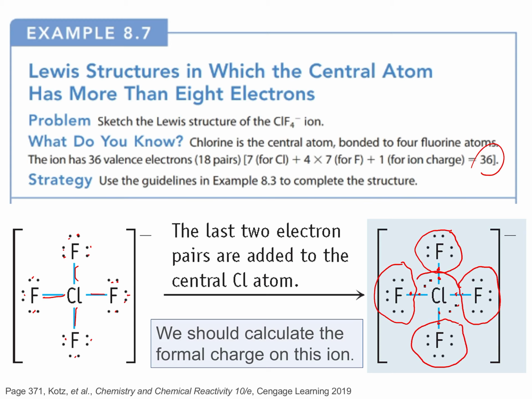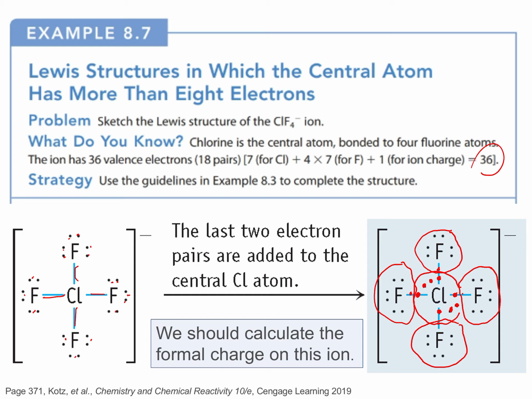But if I look around the chlorine, I notice that I have 1, 2, 3, 4 electrons. These are one of the electrons that it shares with fluorine, but it has these lone pairs right here, 5, 6, 7, 8.